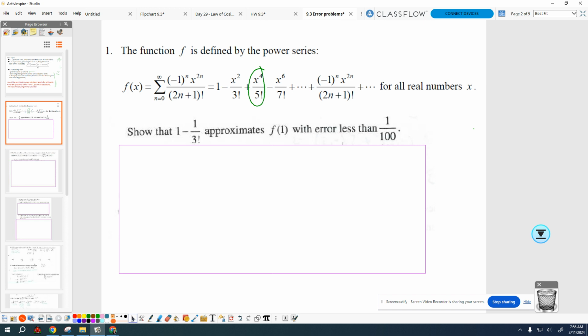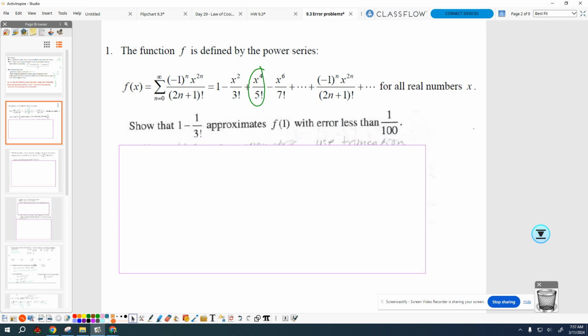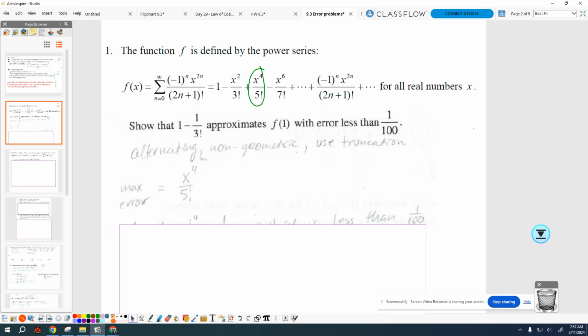So alternating, you just take that guy and plug in the spot where, so the maximum error is x to the fourth over 5 factorial with 1 plugged in. And this, guys, is a non-calculator question. They expect you to be able to do 5 factorial.